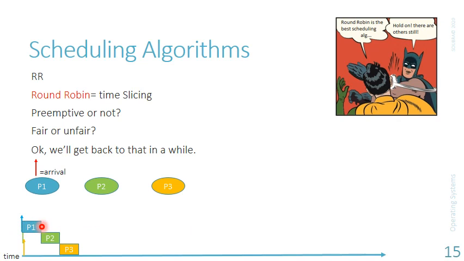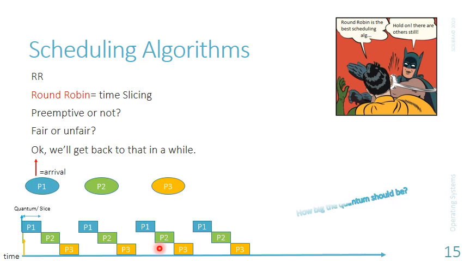P1 will go for a little bit of time, and then when the time is up, I'm going to check between the two here. For some reason I went for P2. I could have gone with P3, but because this one was here first, I'm going to give it the first time slice first. I'm going to stick to that all the way to the very end. So P1, P2, P3 followed by P1, P2, P3 all the way until I'm done.